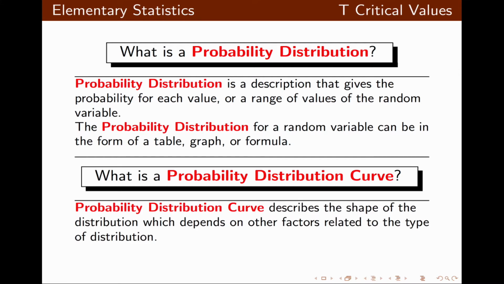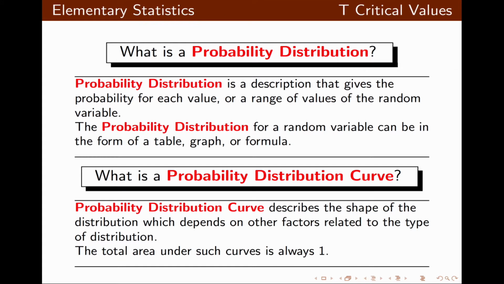Probability distribution curve describes the shape of the distribution, which depends on many factors. This is often called density curve. The total area under such curve is always equal to 1.